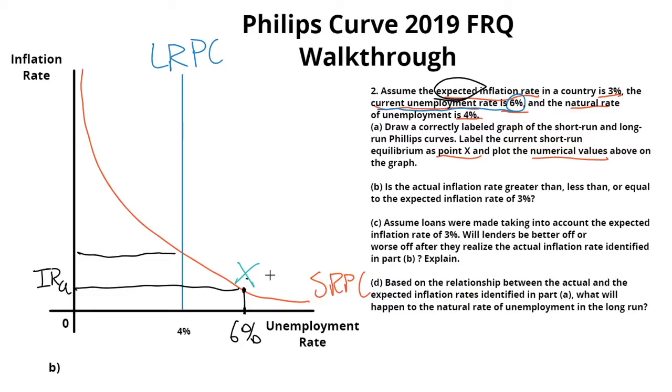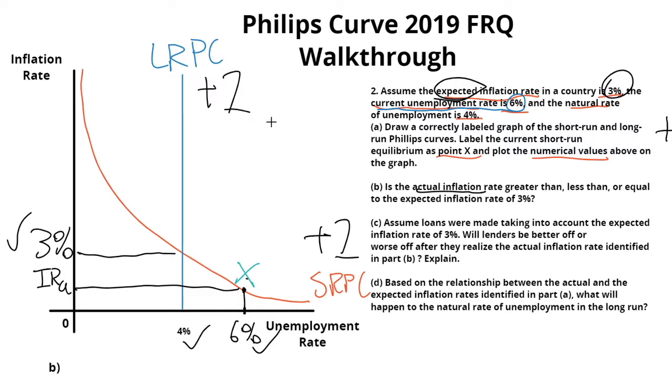You see, the word actual, which if you look at part B, is typically used to refer to the short run equilibrium, along with the short run inflation or unemployment right now. It's the real thing currently, so it's called the actual. And so expected is not the current one, which is for the long run equilibrium. And we know the expected inflation rate is 3%, so let's just write that there.